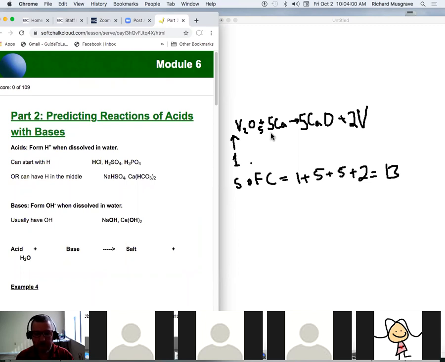You can only balance something by putting a number out in front and treat it as a dynamic process, because as you make changes to one compound, it probably means you have to make changes to something else on the other side of the equation. And I guess the only way you can really get a handle on this is just to practice it.